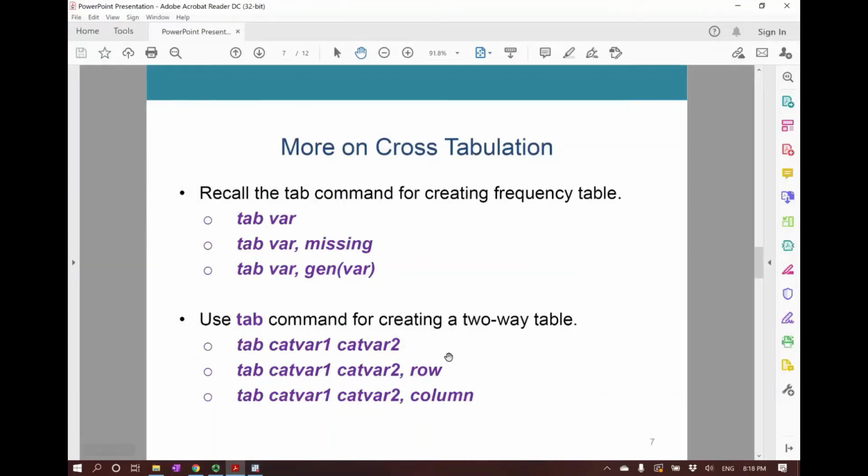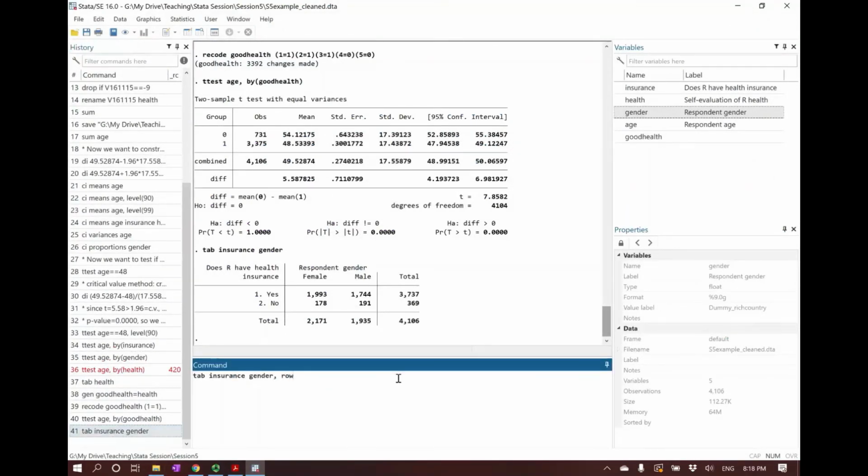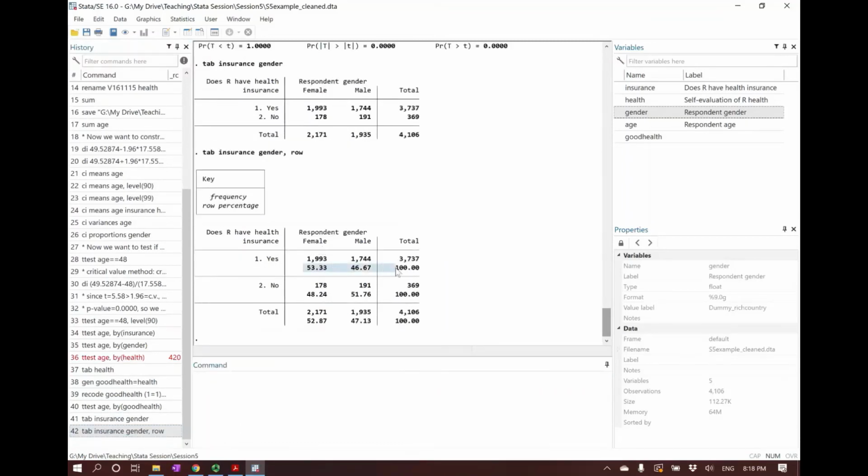Actually, another option for this two-way table is you can show the percentage either across the row or across the column, right? So for example, if you do tab insurance gender, comma, row, it will show you the percent according to the row.